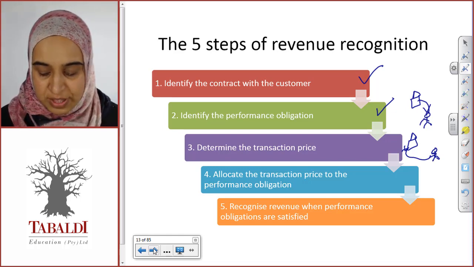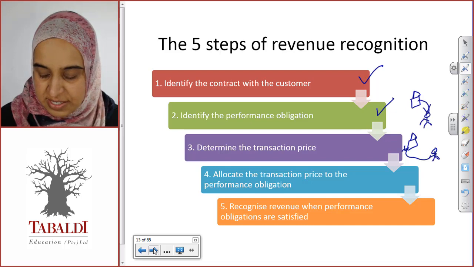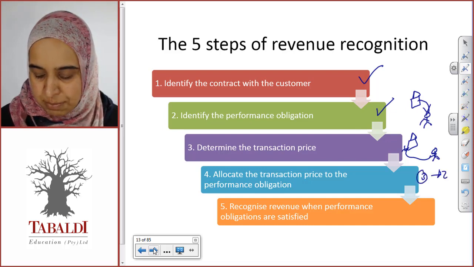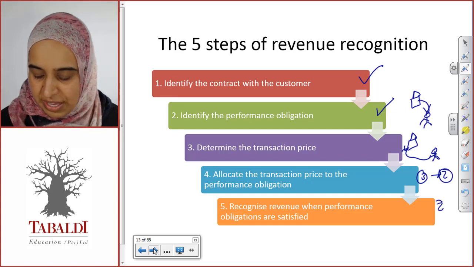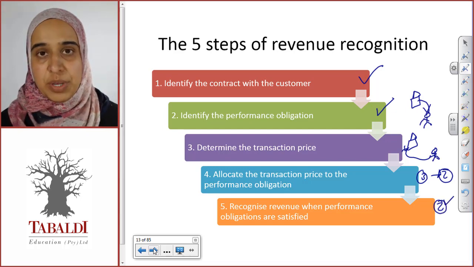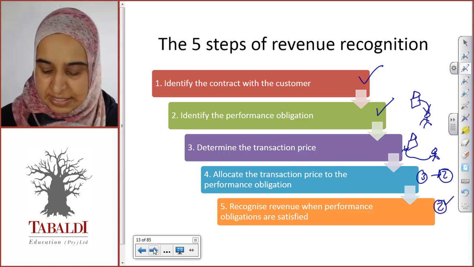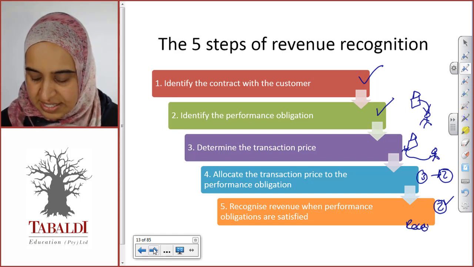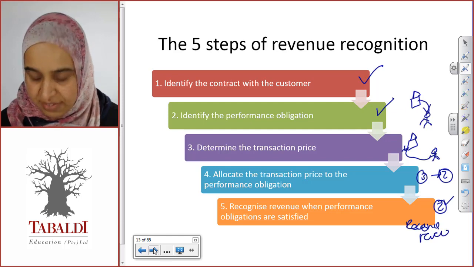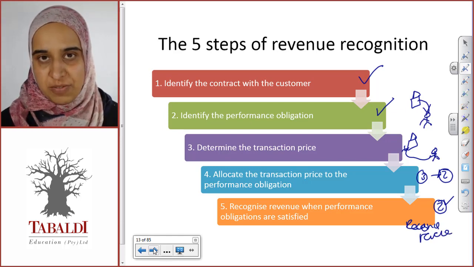And then in the fourth step, we're going to allocate step 3 to step 2. And in the last step, what we're going to do is, if we've performed in step 2, if the company has delivered in terms of its performance obligations, then we're going to be able to recognize the revenue in the financial statements or in the books of the company.